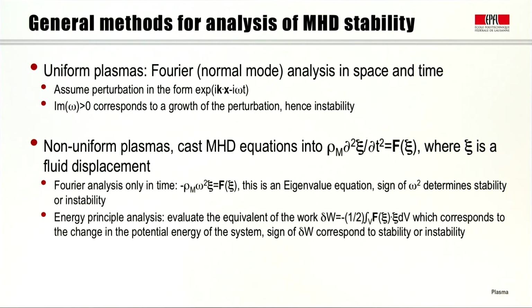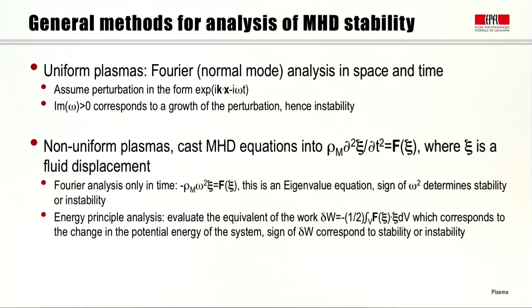We can then perform a Fourier analysis only in time. This tells us that minus ρm ω² ψ is equal to F. This is an eigenvalue equation. The sign of ω² determines the stability or instability.